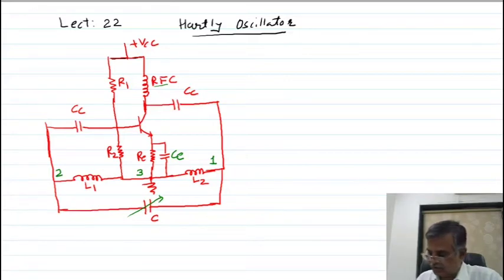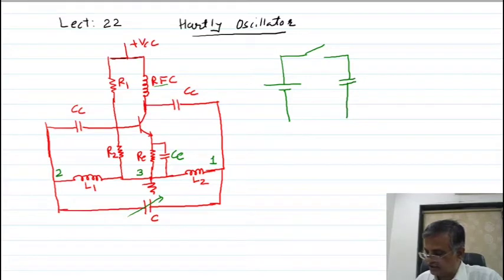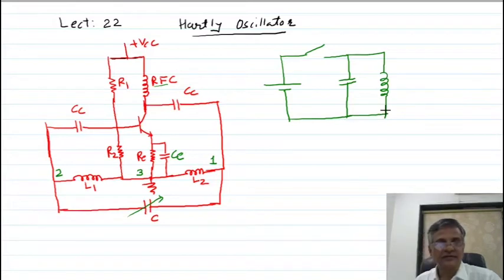Just for your understanding, I am giving you what you studied in 12th standard. This is a capacitor and an inductor connected in parallel to each other. With the help of this key, the capacitor will be charged.